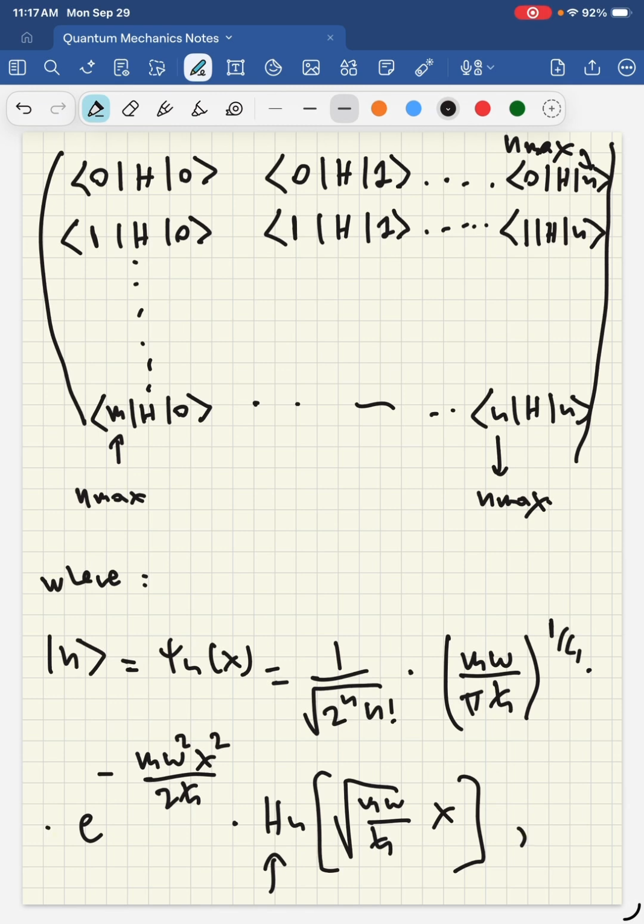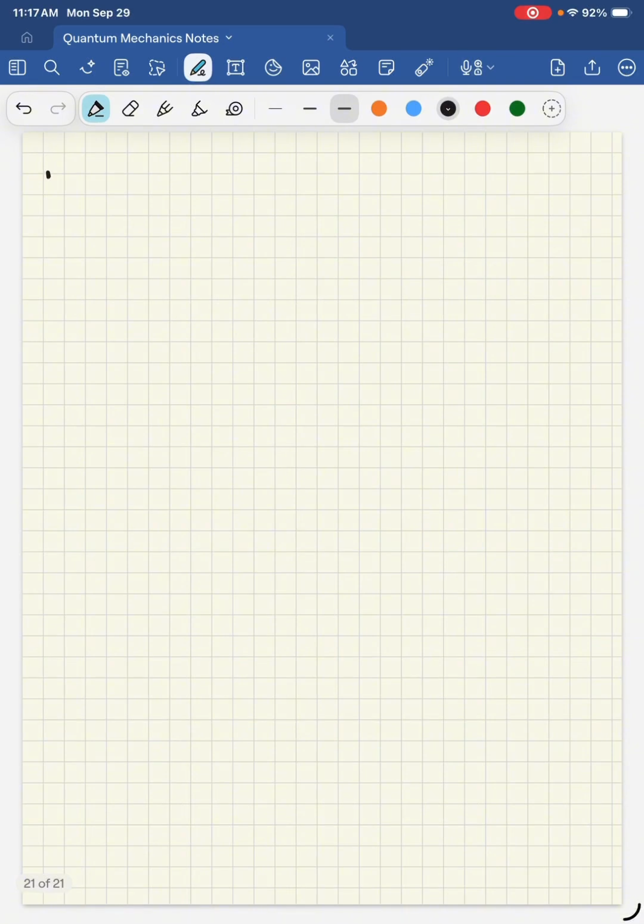Okay, and n goes from 0, 1, 2, all the way to infinity, but in our case, as we said, we will go all the way up to n max, and we'll see that in the code.